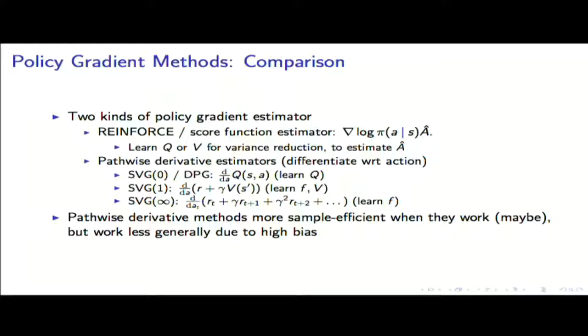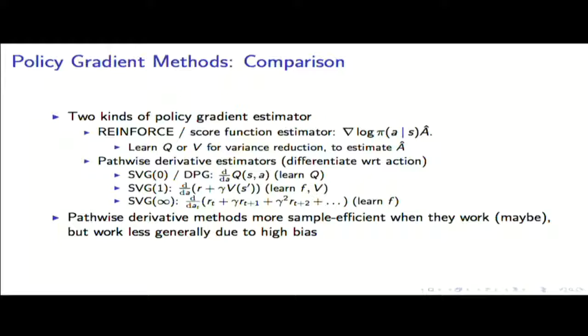But when we fit the value function, we're not looking at the gradient at all. So there's kind of a mismatch between the criteria we're using to learn the value function and the way we're actually using it. There's no guarantee that if our value function is accurate to within epsilon in terms of squared error, that our policy gradient is going to be accurate to within epsilon, or that it's going to have low variance. You can see that it might have really high variance even if we have a really accurate value function.